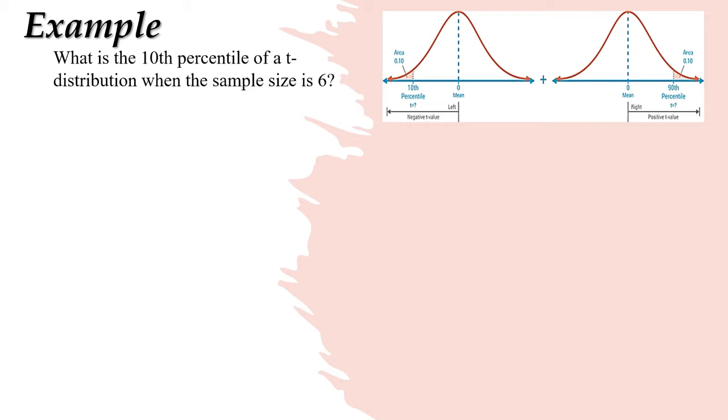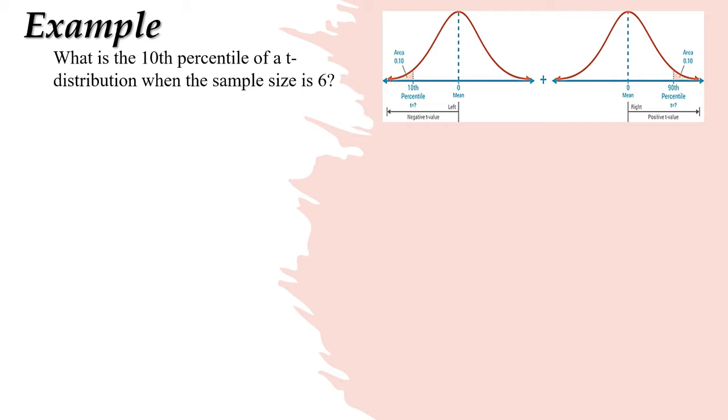Since the t-distribution table only shows the right tail area, if the percentile lies to the right of the mean or above the 50th percentile, the area to the right of the given percentile can be found by subtracting the percentile from 100% or 1.